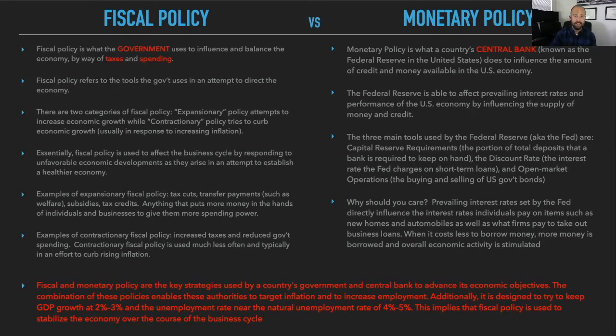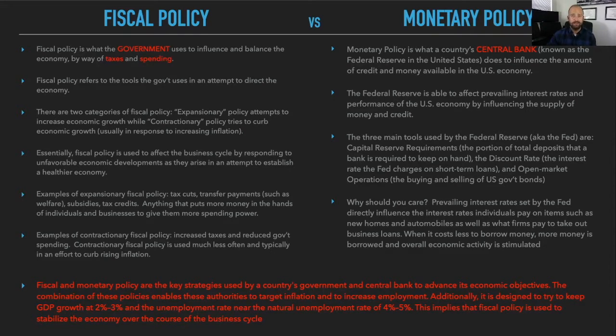As far as the spending portion of fiscal policy, this has to do with the U.S. government's allocation of its tax revenues. Generally, this refers to government programs aimed at doing things like building new facilities and investing in U.S. infrastructure. This has the effect of creating new jobs and stimulating the economy.